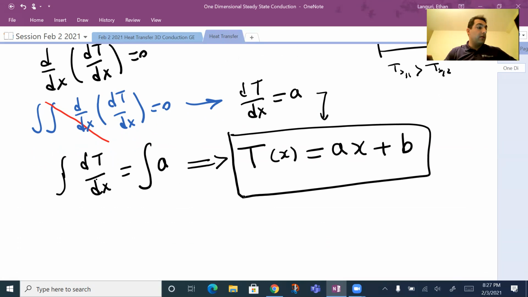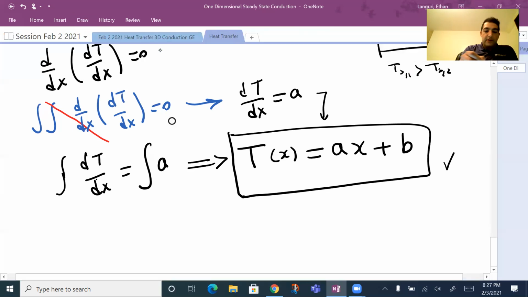So this is what we get when we do a double integral to our 1D steady state no heat generation equation. So this is the temperature distribution, but as you can see, A and B are constants. We would like to know exactly what A and B are in terms of our problem's specifics. So how do we solve for A and B? We need to use the boundary conditions, correct?